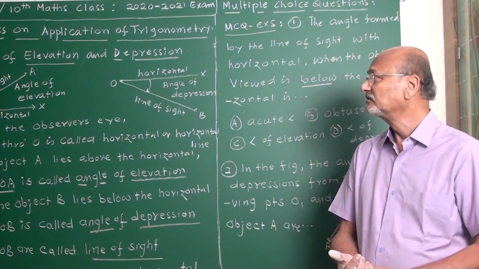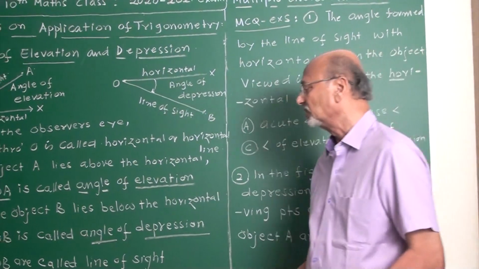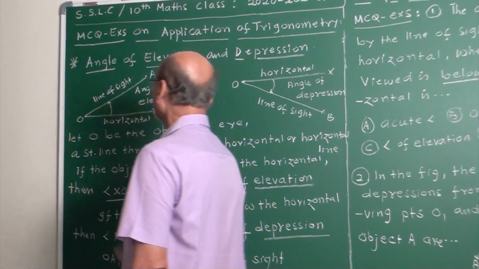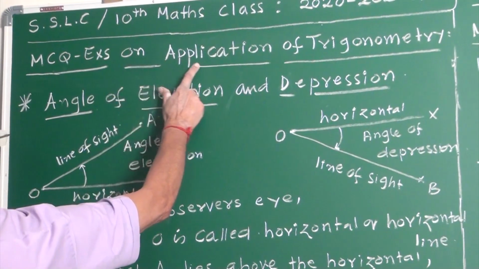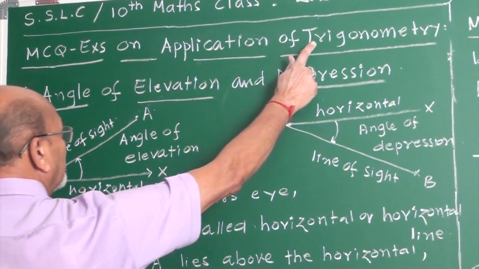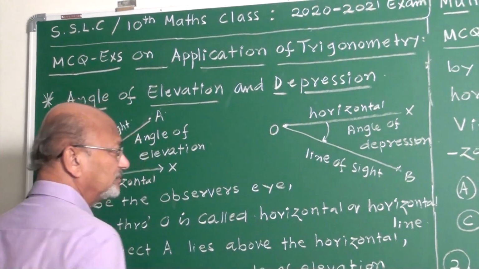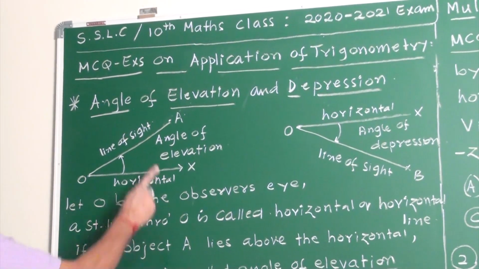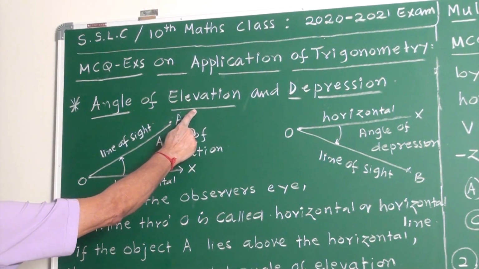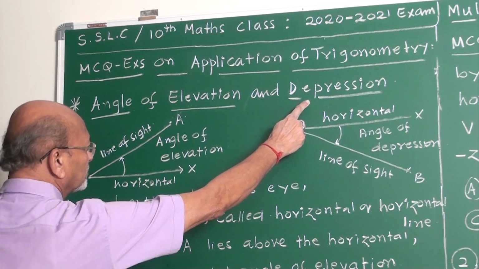As I said, I want to do some MCQ questions. MCQ means multiple choice questions on application of trigonometry. Application of trigonometry means it comes under heights and distances. There, the very important part is angle of elevation and angle of depression.